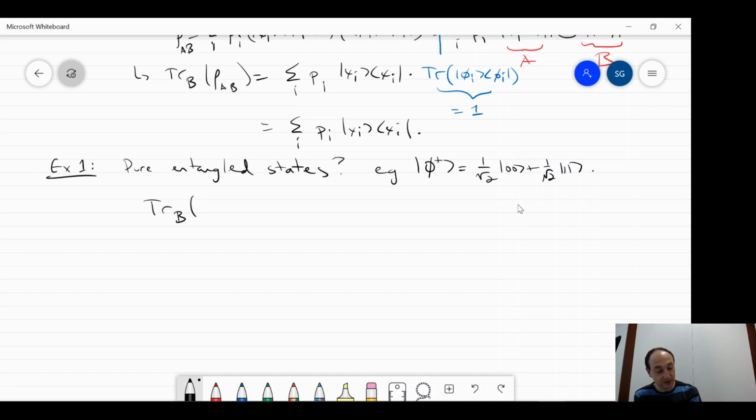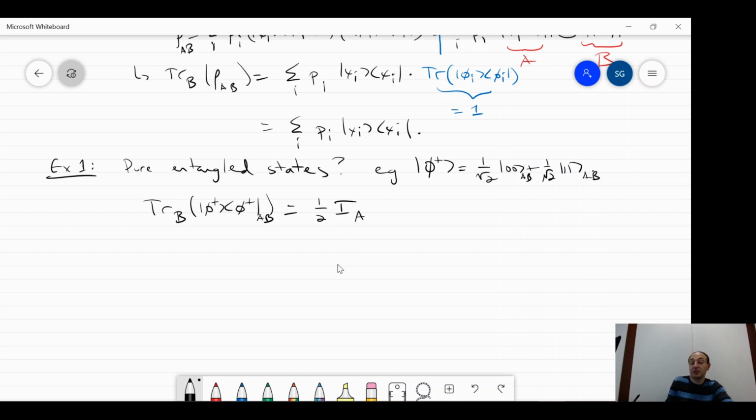And so if we throw out, let's say, the second system of the density operator phi plus, I encourage you to work this out. It's worked out in the notes, by the way, but do take a moment to go over it. You'll see that what you get is a half times identity on A. So in other words, the Bell state is so tightly bound together that if I throw away half the Bell state, even though together I knew exactly what state they were in, individually they look like complete noise.